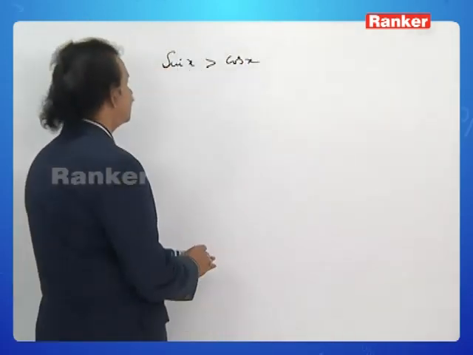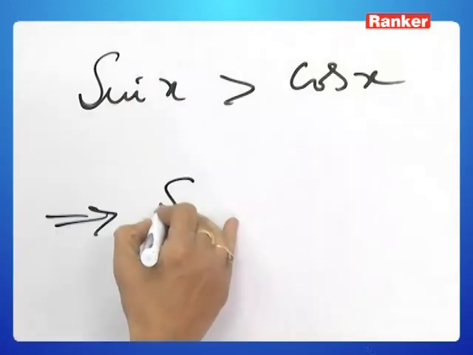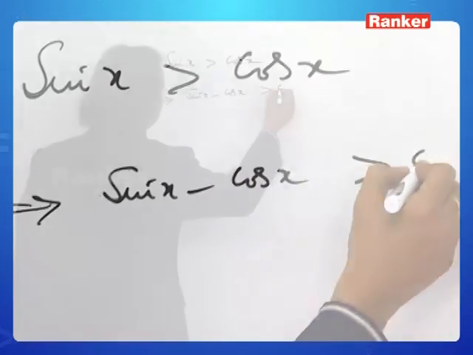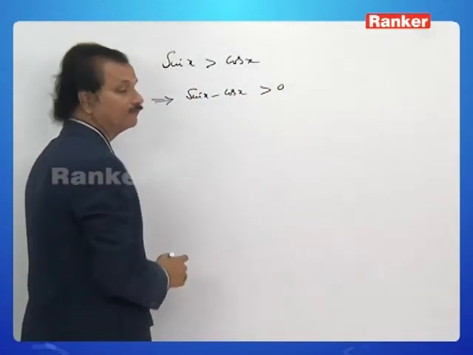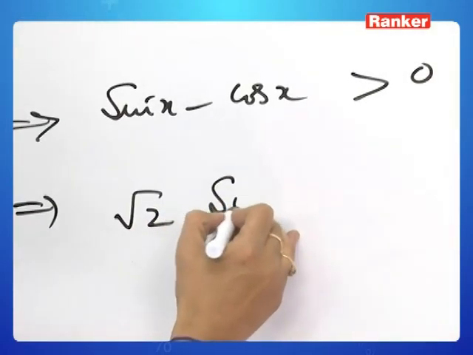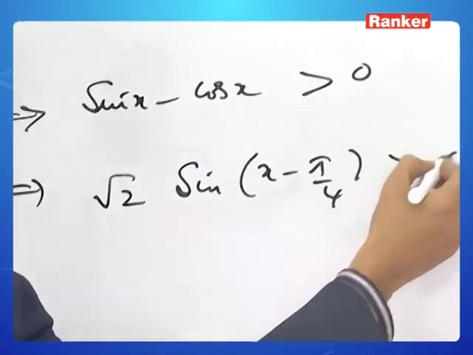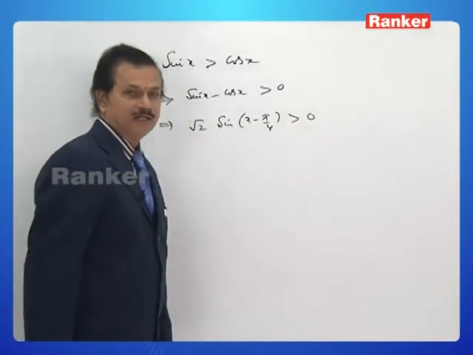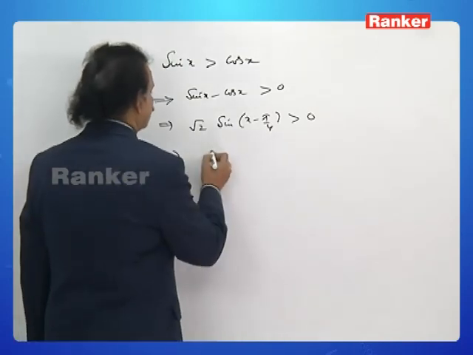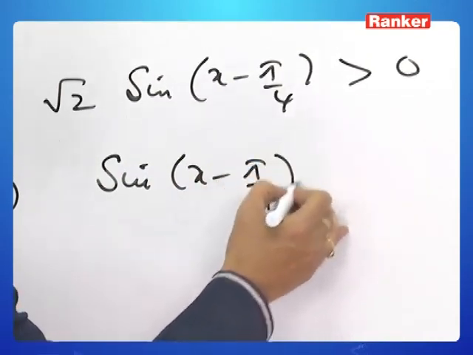Look here. Sin x is greater than cos x implies sin x minus cos x is greater than 0, implies root 2 into sin of x minus pi by 4 greater than 0. I think you do agree with it. Implies sin of x minus pi by 4 greater than 0.